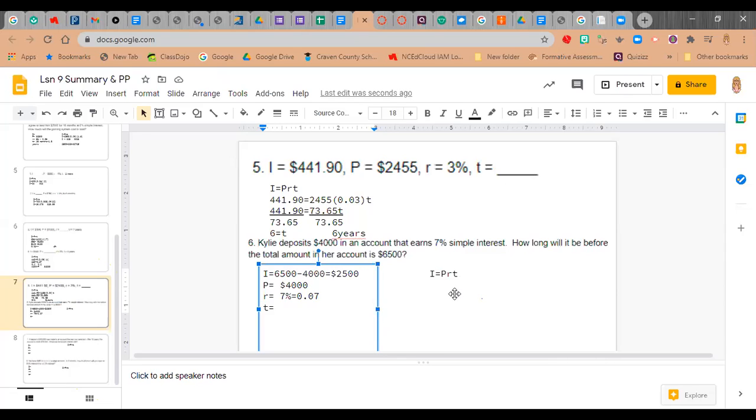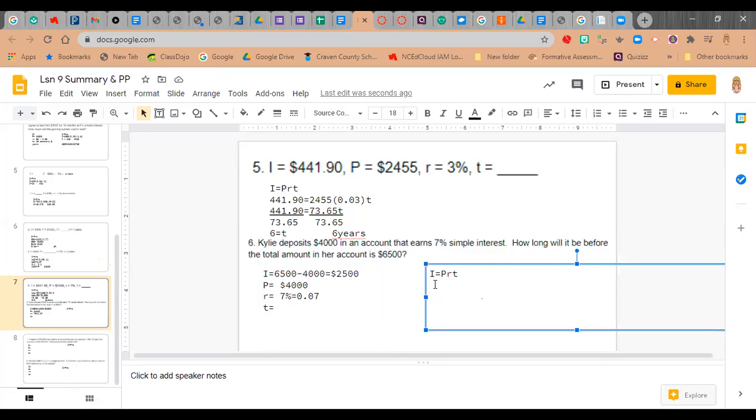Okay. Well, now we can come over here and solve the problem. I, we know, is 2,500 equals, principal is 4,000. The rate is 0.07. And the time we don't know. All right, so take out your calculators and multiply that right-hand side for me.